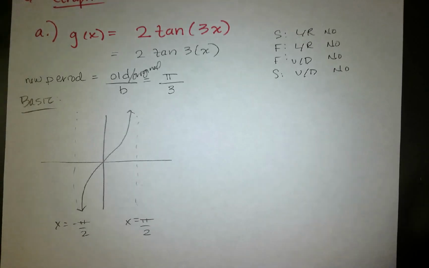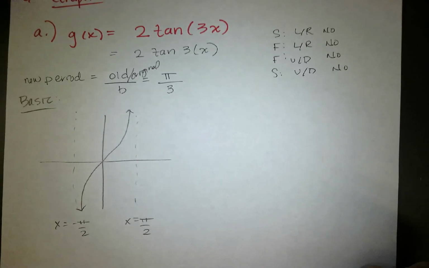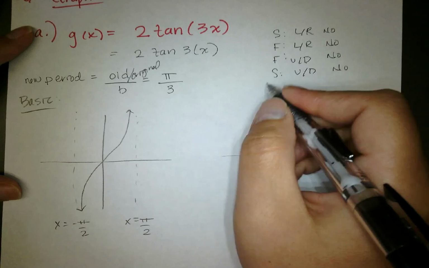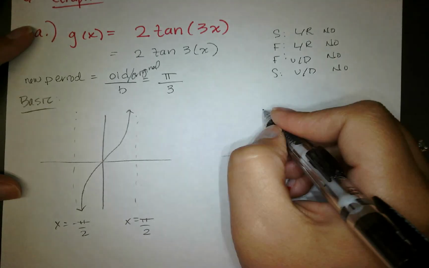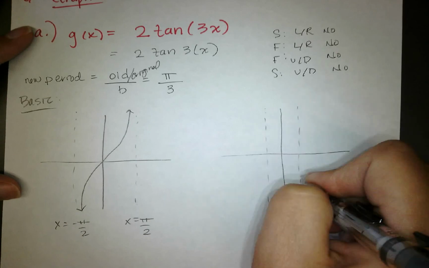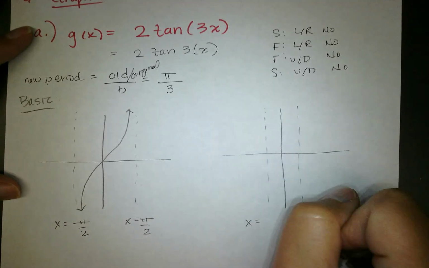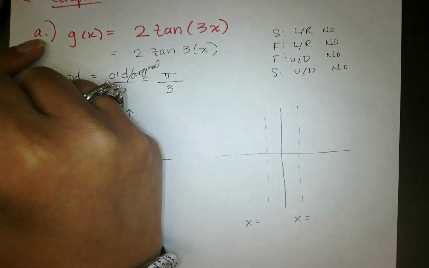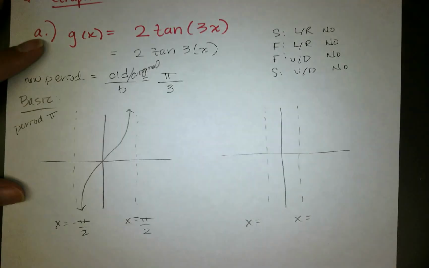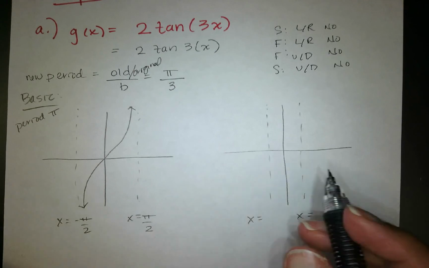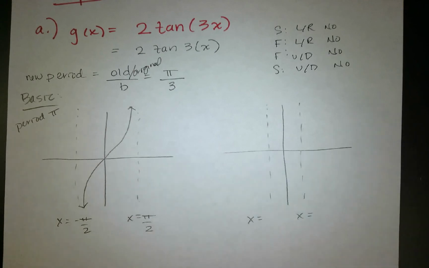So again, we don't have amps. Now we do have a new period though. You still, half on the left, half on the right, x equals, x equals. Now, this period was pi, and our asymptotes were at negative pi over 2 and pi over 2. So it's like, well, Sam, how do you get your asymptotes?